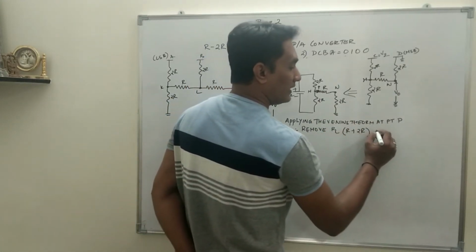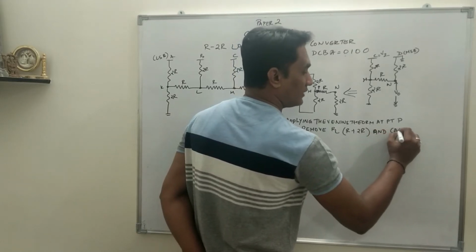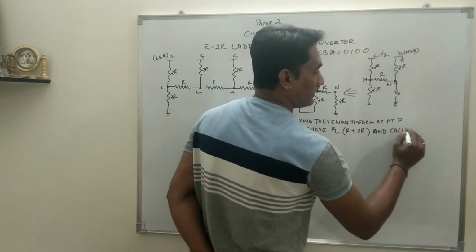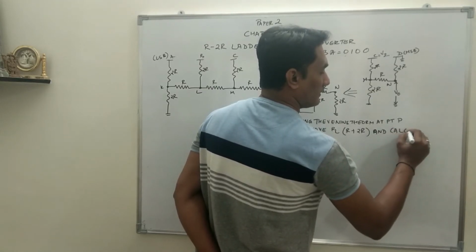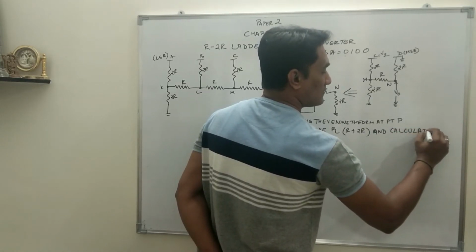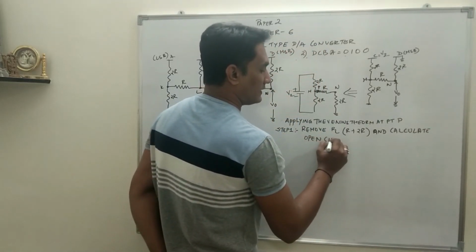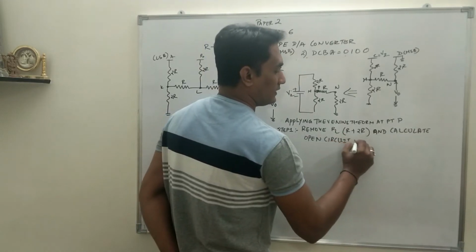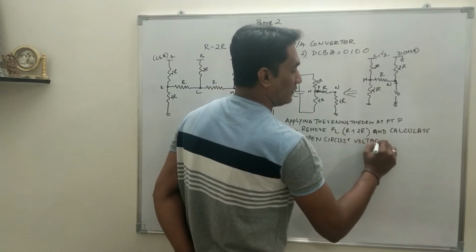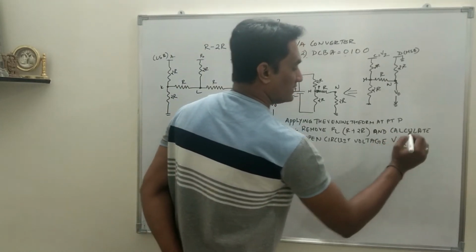Remove RL and calculate open circuit voltage. Calculate open circuit voltage, which is nothing but Thevenin's voltage.